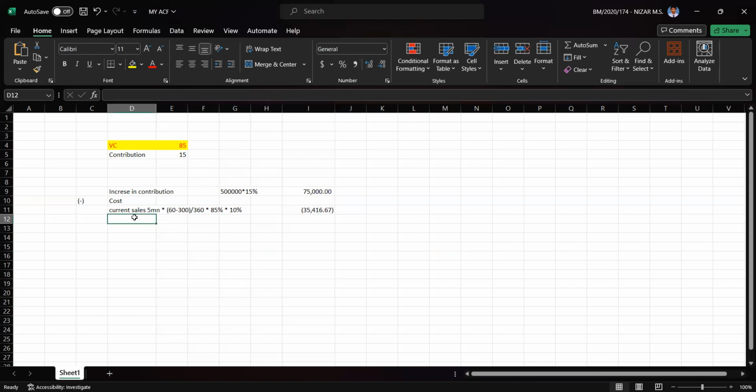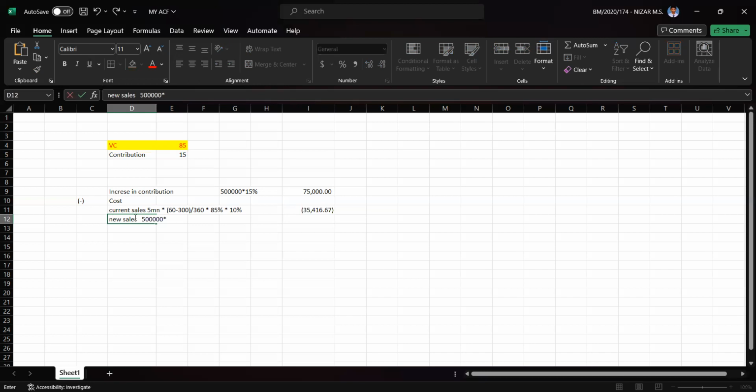Now for the new sales increase: another 0.5 million, which means 500,000, with a 60-day credit period because it is new sales.